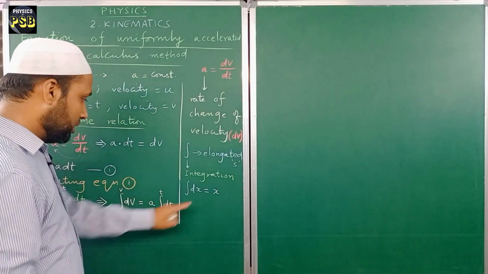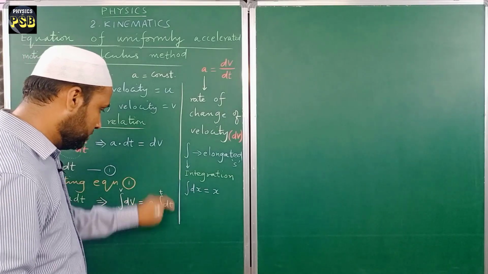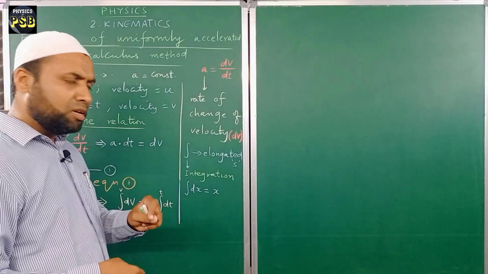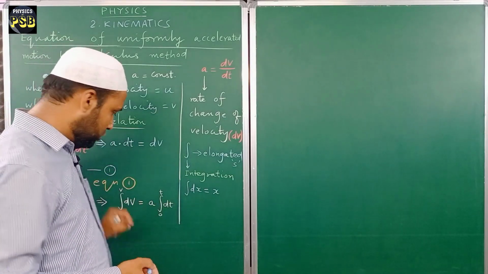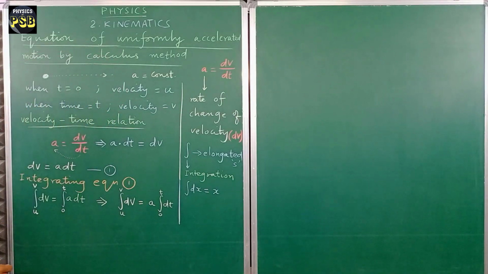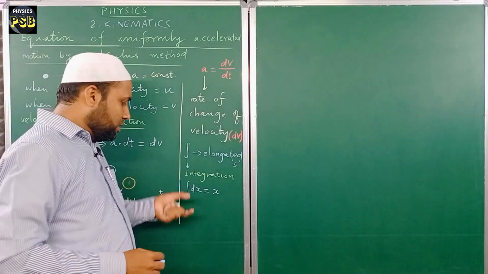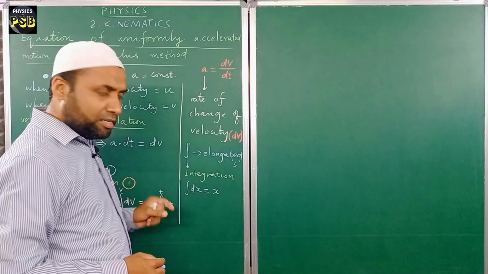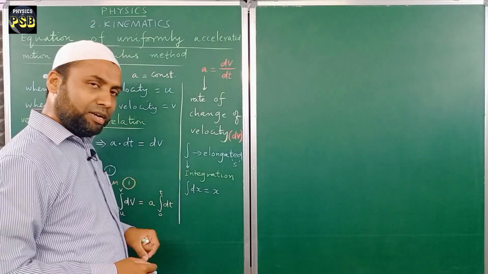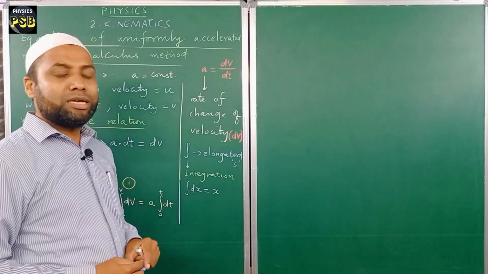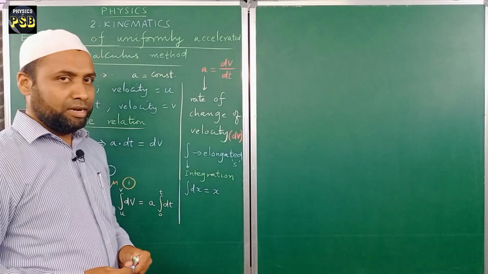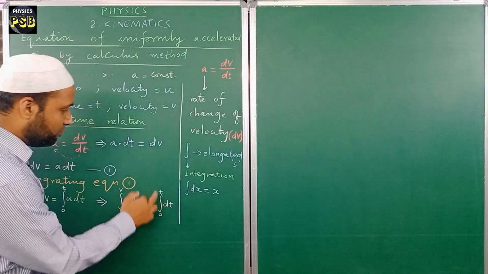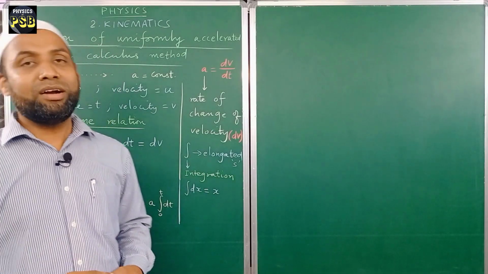Got it? Now I am going to apply that here. If we come across an integral term without limits, it is called an indefinite integral. If we have limits, then it is called a definite integral. Okay?